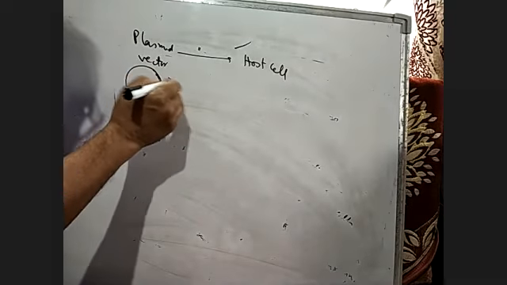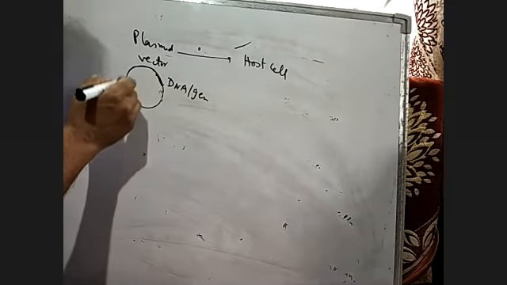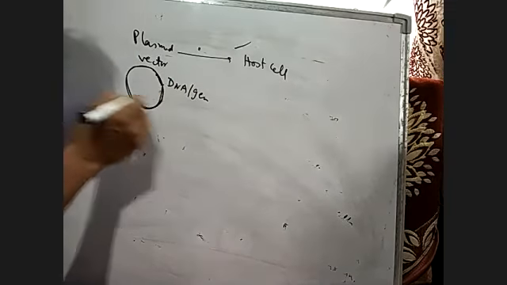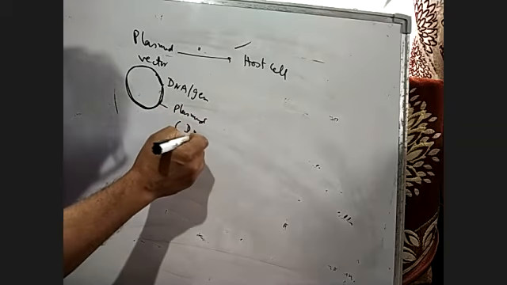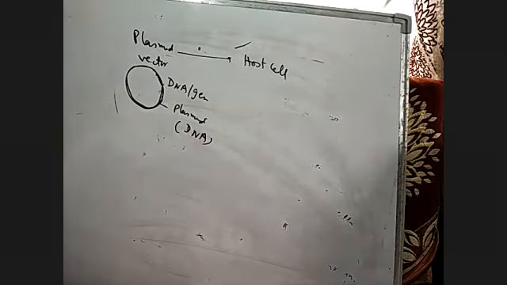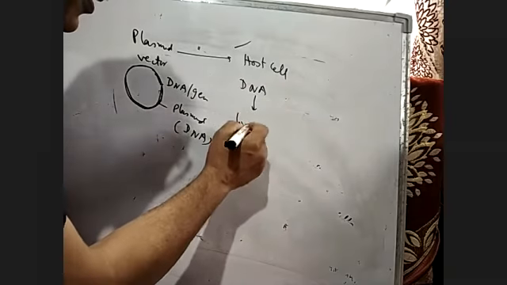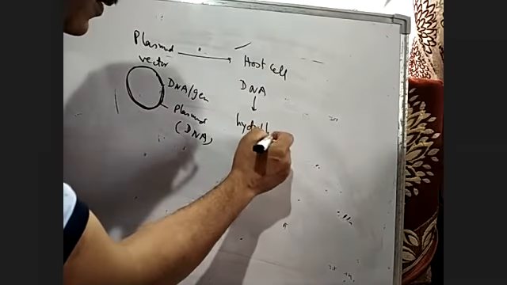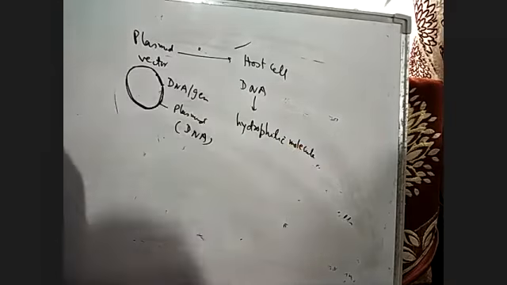This is the DNA or gene, and the plasmid is also DNA, so they have to enter into a vector. DNA is a hydrophilic molecule.